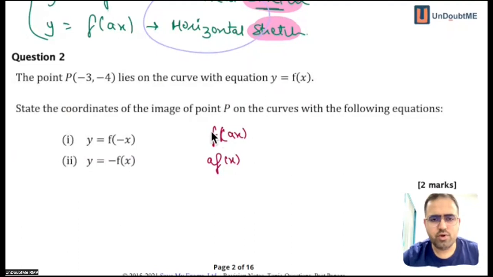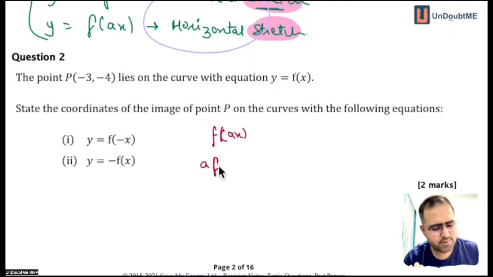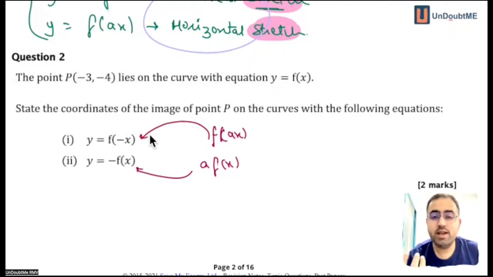If this is clear, that what was the difference between f of ax and afx, then you can very easily make out what will happen in this and what should happen in this. Can anyone tell me, for the first one, what will happen? It's a horizontal stretch.